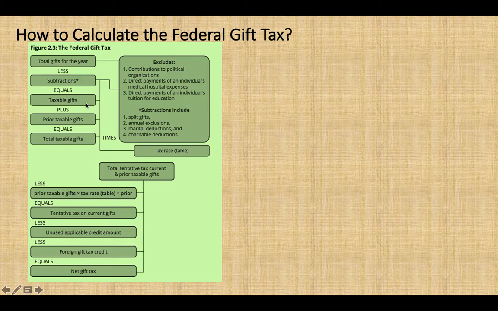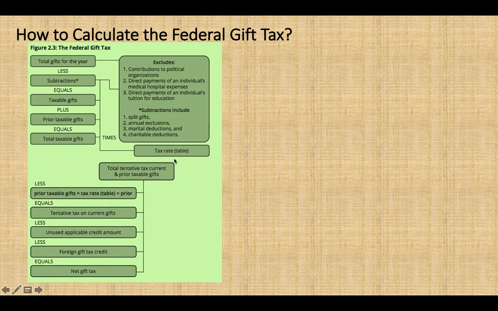Then I'm gonna apply the tax rate to that taxable gift. If you have any prior years, because the gift tax is a lifetime accumulation, they say to take this year's taxable gift amount and add all the prior years' taxable gift amounts together. This is called the total taxable amount.